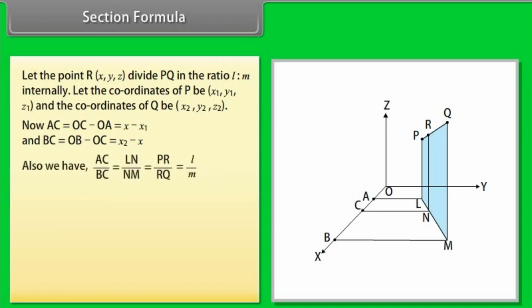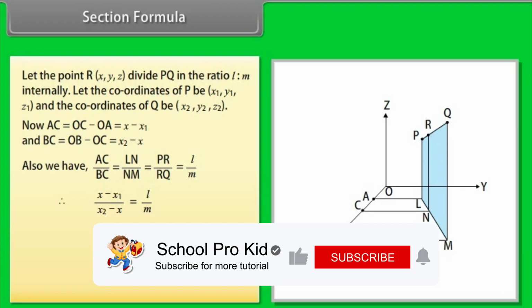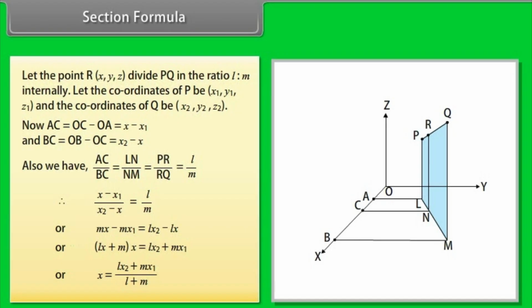Also, we have AC/BC = LN/NM = PR/RQ = l/m. Therefore, (x minus x1)/(x2 minus x) = l/m. On solving, we get x = (lx2 + mx1)/(l + m).